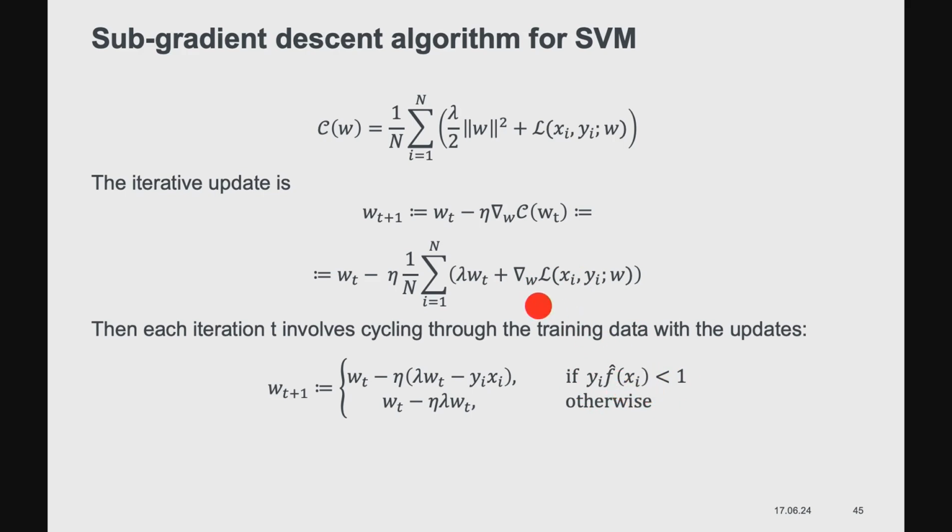If this product is less than 1, then it's this, and otherwise it's simply this part. So this small distinction is about where we are with regard to our discriminant line and our support vectors. A typical learning rate might be eta of t equals 1 divided by lambda t, so lambda is a constant and t is just the time. So as time progresses, the learning rate gets smaller and smaller.